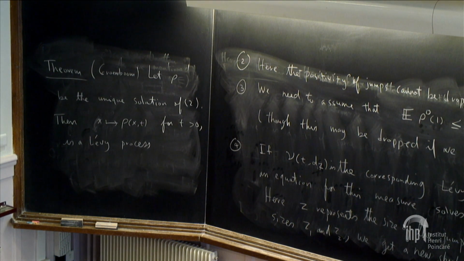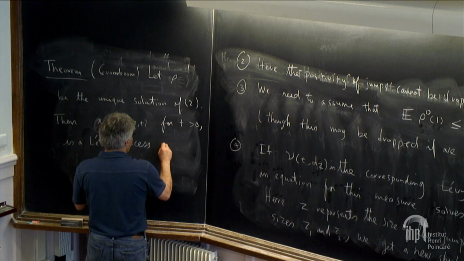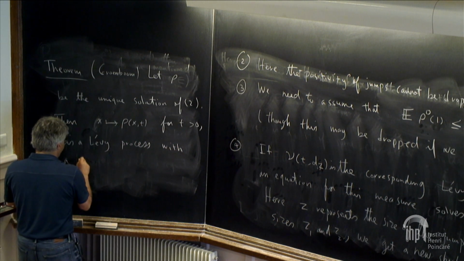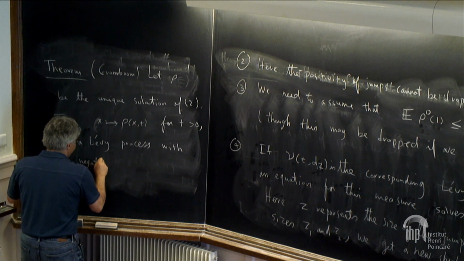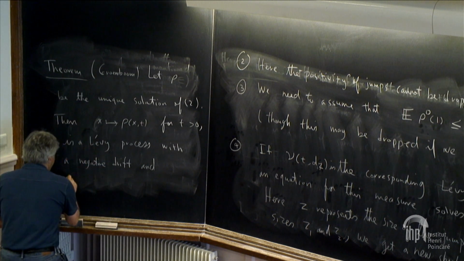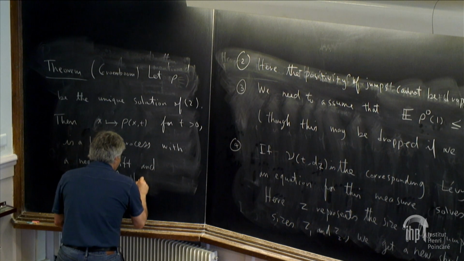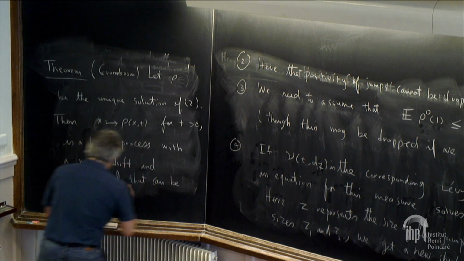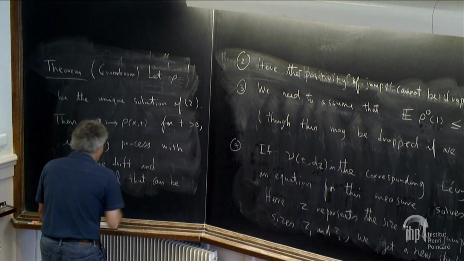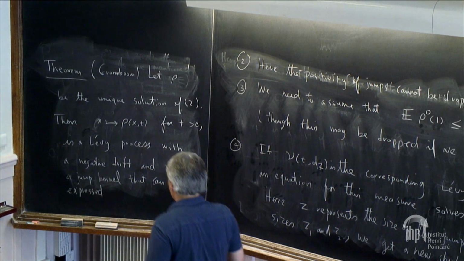I'm not going to write it down because the formula is rather messy, but it would be a Lévy process with a negative drift and a jump kernel that can be expressed explicitly. Actually, not very explicitly. I mean, it satisfies some equation involving the Airy function.